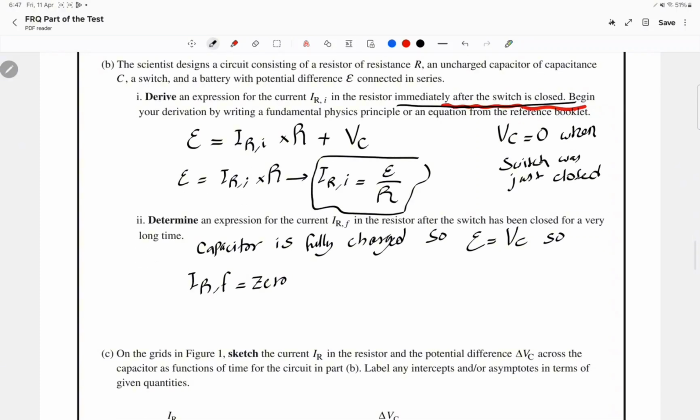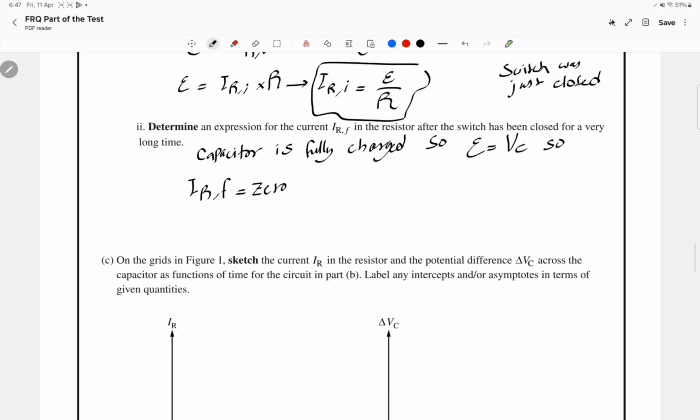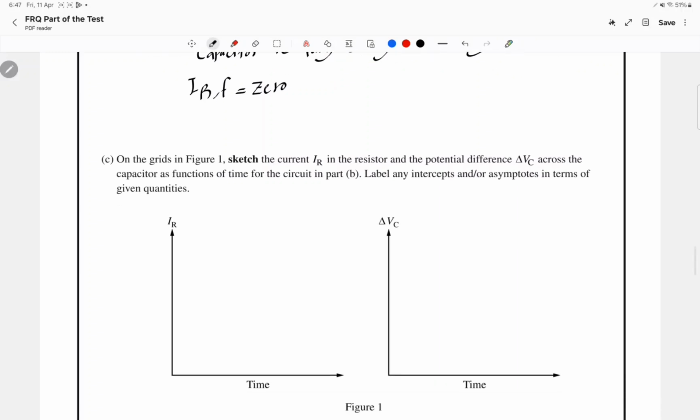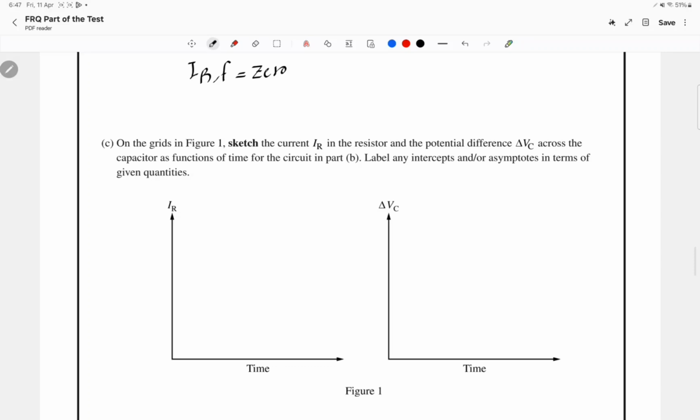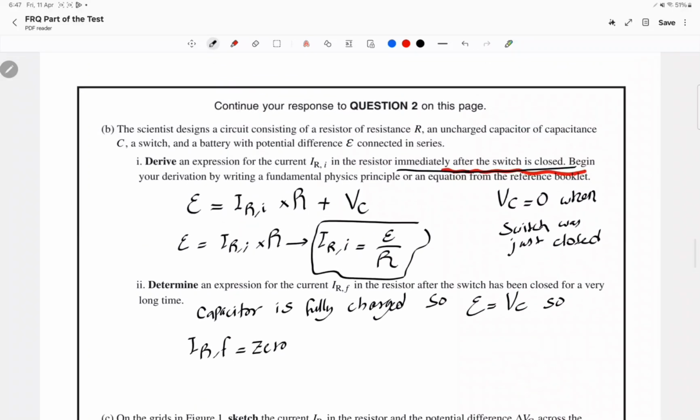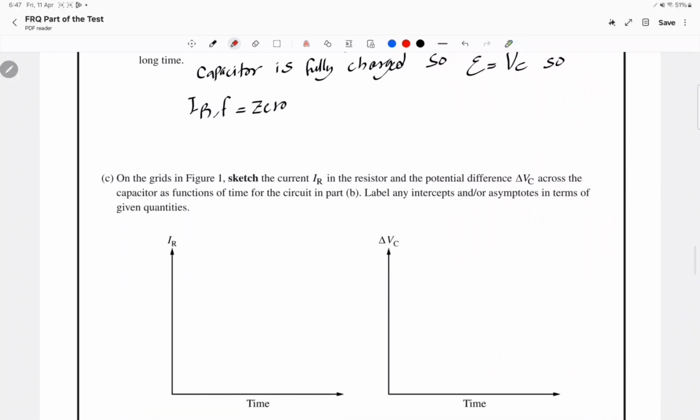Now, on the grids in figure 1, sketch the current IR in the resistor and the potential difference delta VC across the capacitor as a function of time. So IR was in the beginning equal to how much? In the beginning we had EMF over R, correct?